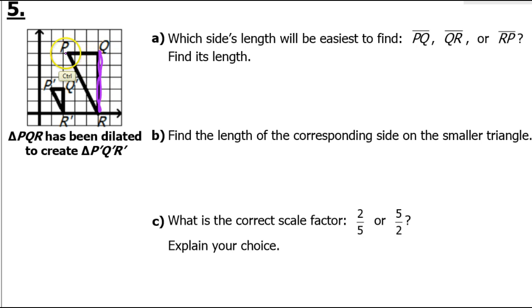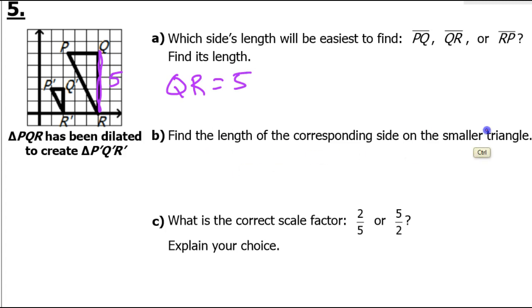PQ seems to be about 2.5, but what if it's 2.6? I don't know. QR seems to be a whole number. In fact, it seems to be 3, 4, 5. QR seems to be 5. The other numbers are not so certain because P is uncertain. Okay, so we have QR is equal to 5.